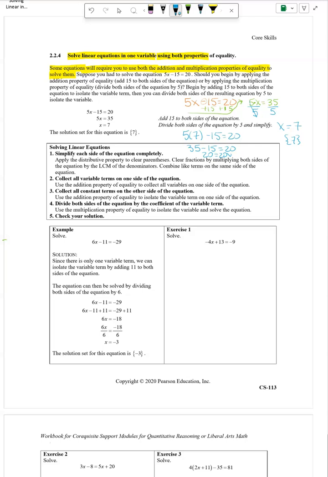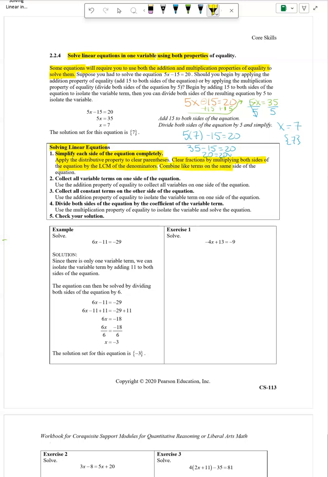Always think, I have to move the man who stands alone, meaning separated by addition or subtraction. Let's look at their steps here for solving linear equations. Simplify each side of the equation completely. Apply the distributive property to clear out any parentheses. Clear fractions by multiplying both sides by the least common multiple of the denominators.